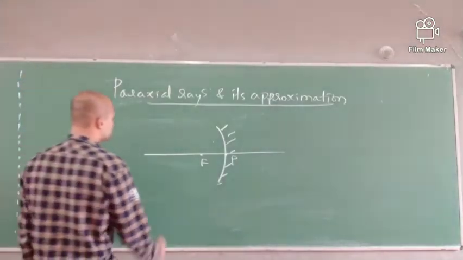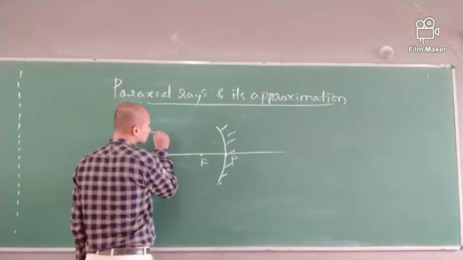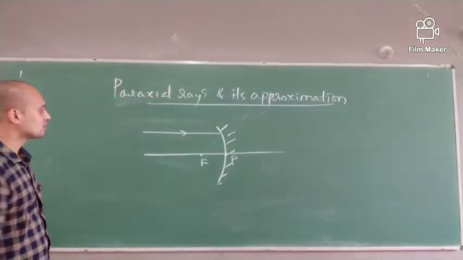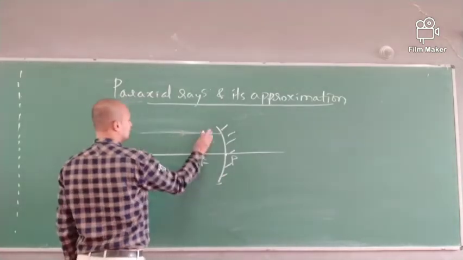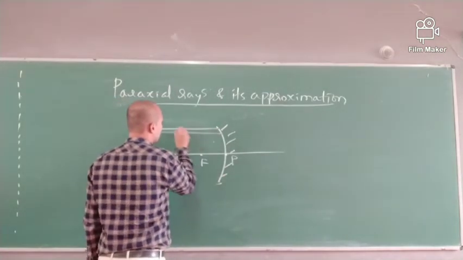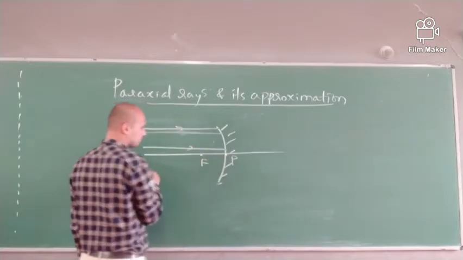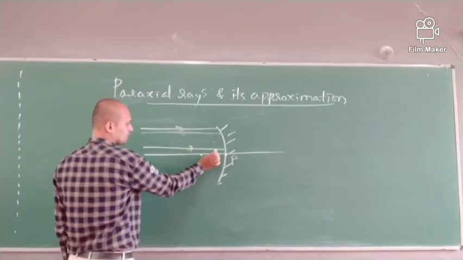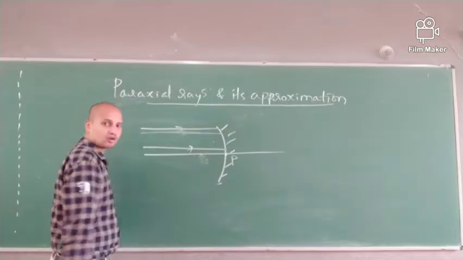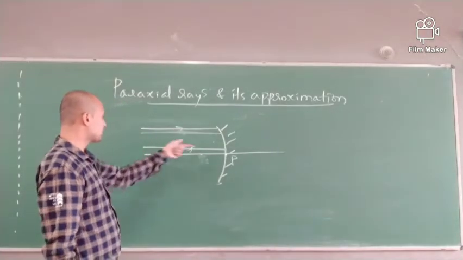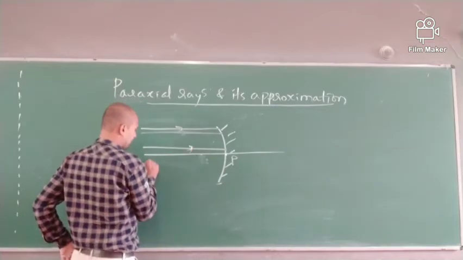Now see that one ray is coming parallel at the edges, and one ray is coming near to the principal axis.